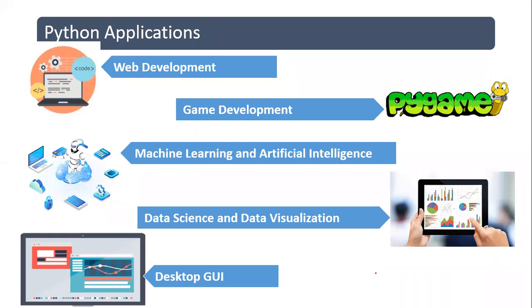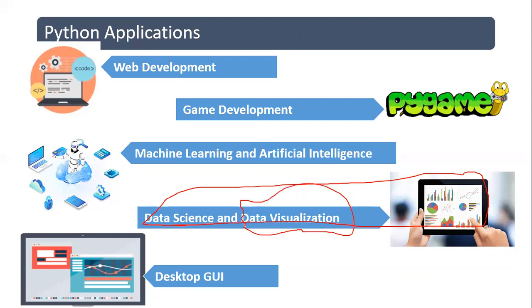So everywhere we are using Python nowadays. But out of all such applications, in my current presentation I would like to touch upon how I can make use of Python for visualizing data in a proper way. That's what I'll be touching upon in today's lecture, right?